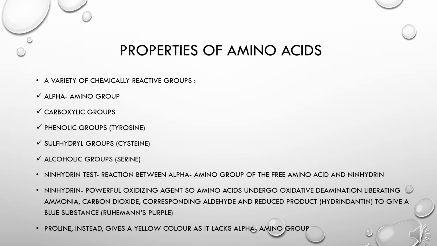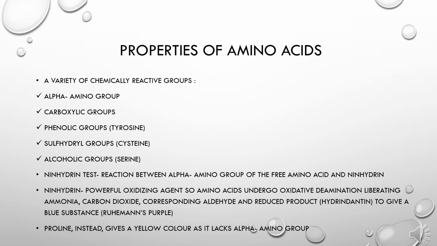Ninhydrin is a powerful oxidizing agent, and amino acids undergo oxidative deamination, liberating ammonia, carbon dioxide, the corresponding aldehyde, and the reduced form of ninhydrin. The ammonia formed from the alpha amino group reacts with ninhydrin and its reduced product to give a blue colored substance called diketohydrin or Ruhemann's purple.